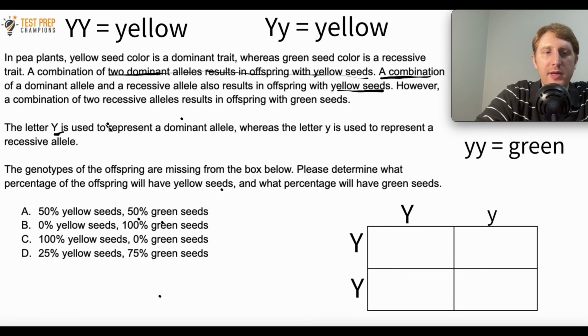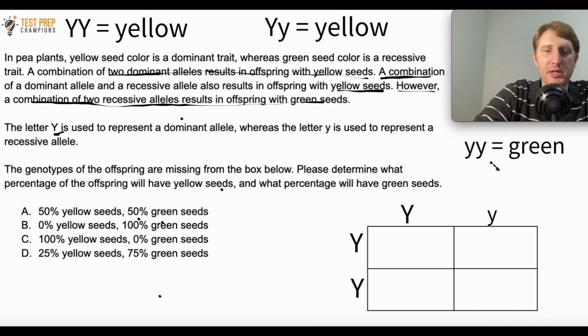So that big Y is dominant and that little y is the recessive. And the combination of big Y, little y also gives us yellow. Now, the last sentence here tells us that a combination of two recessive alleles results in offspring with green seeds. So the only way that we can get green is the combination of two little y's.